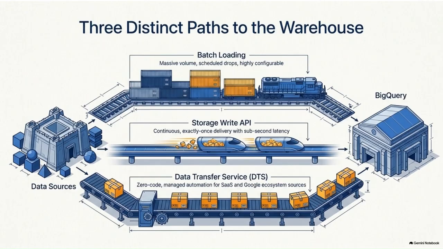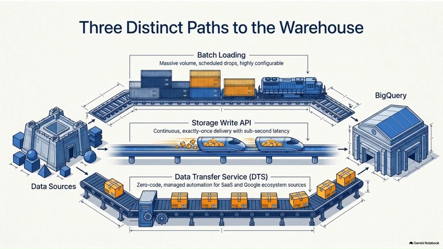So there are three different paths to load the data into BigQuery, which is our warehouse. One is batch loading, which is best for massive volume and highly configurable workloads. Another is the Storage Write API. This is new and recently came into the picture. With the Storage Write API, you get continuous, exactly-once delivery, which is the best part.